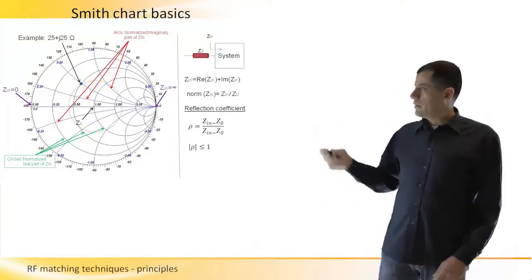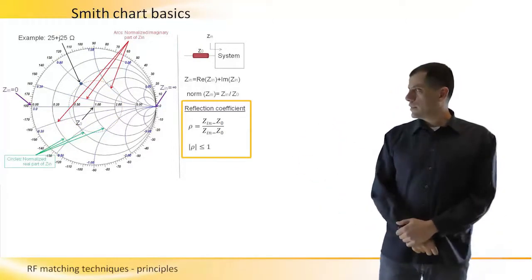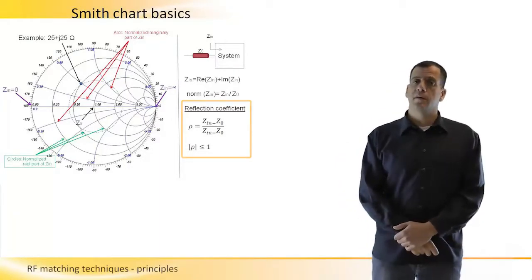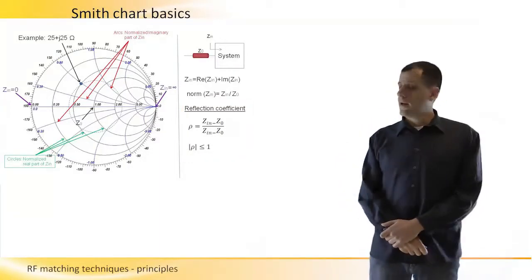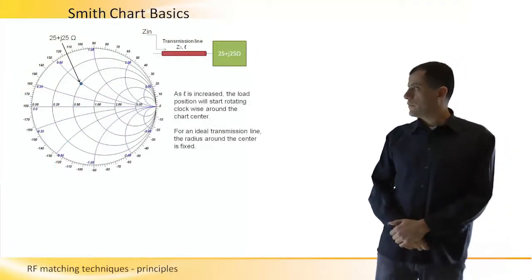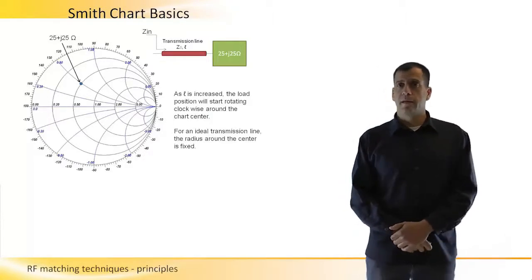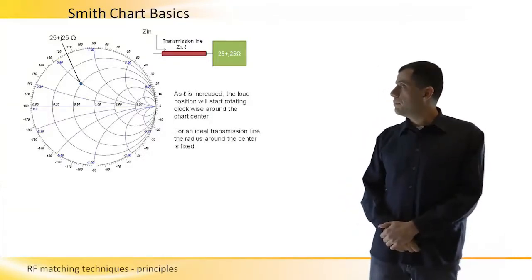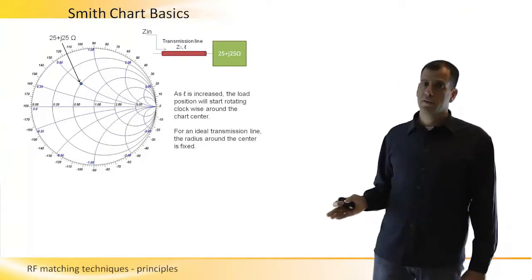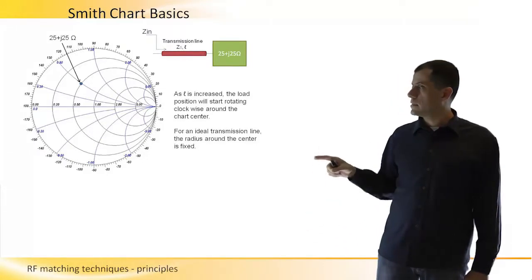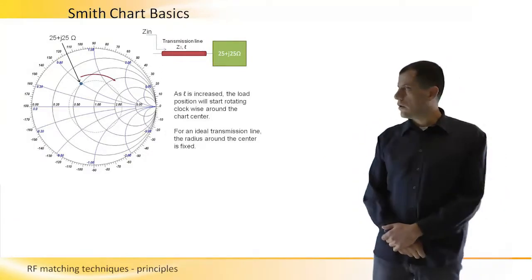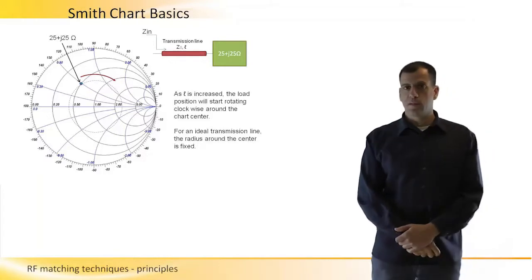The formula is presented here, and this circle actually has great significance. If we add a transmission line at the terminal of the system, and we measure the impedance of the system after this transmission line, then we will see that this impedance is rotating clockwise along this dashed line that we have just marked.